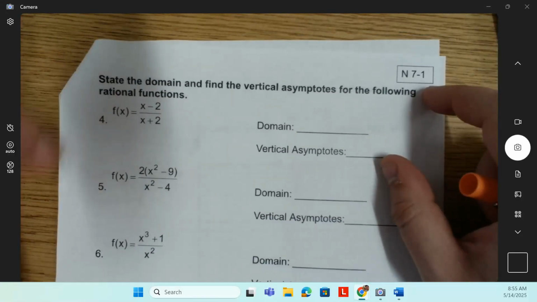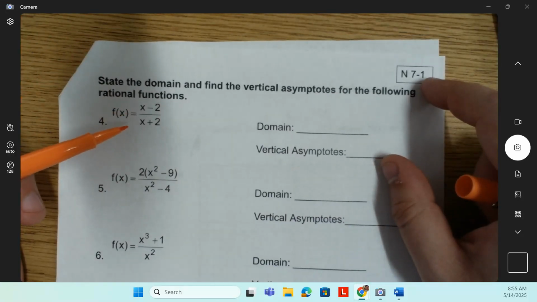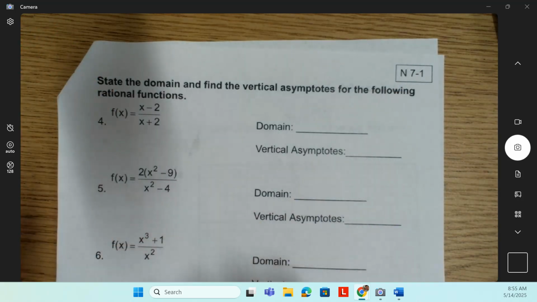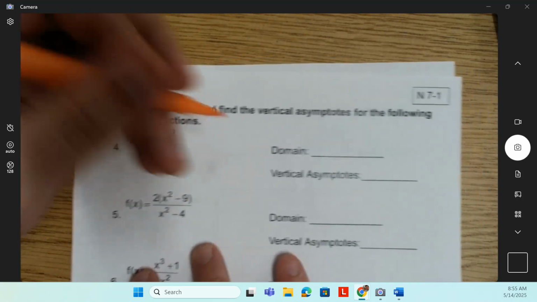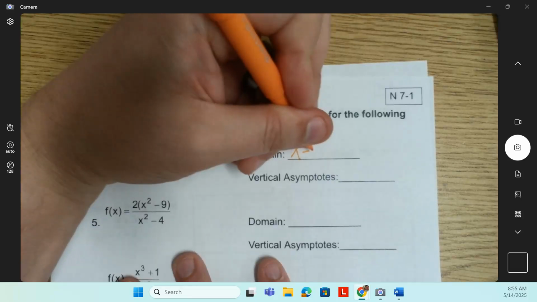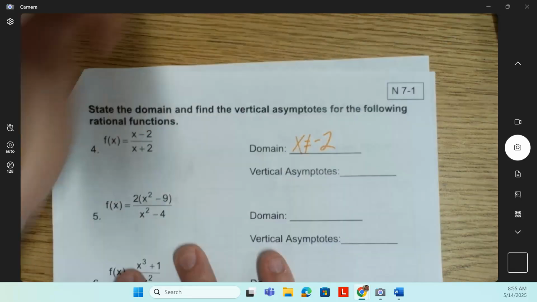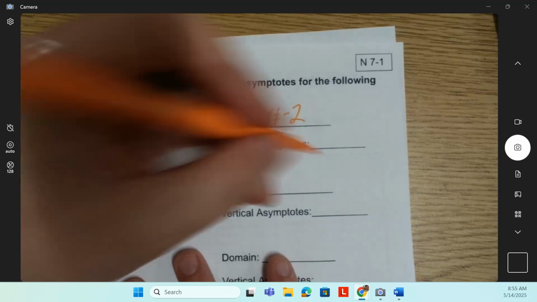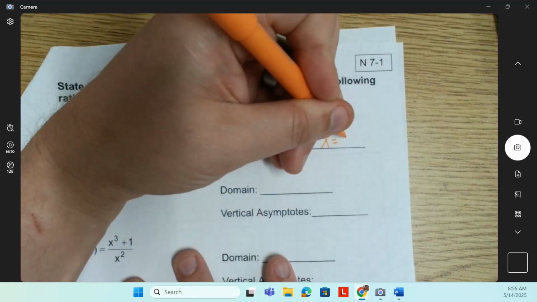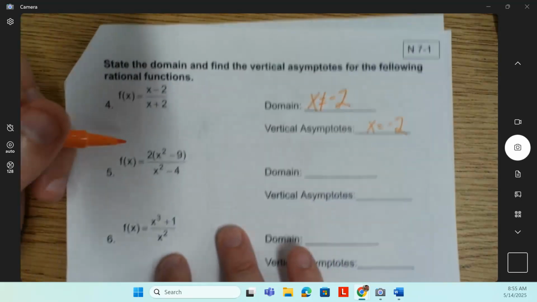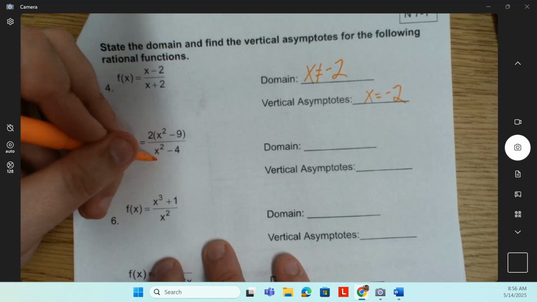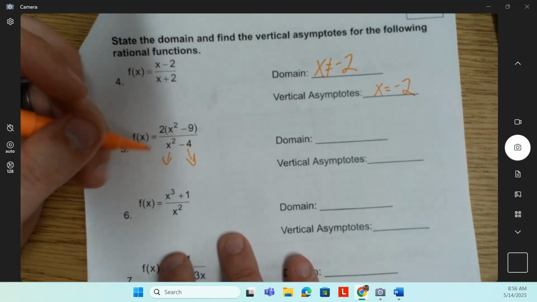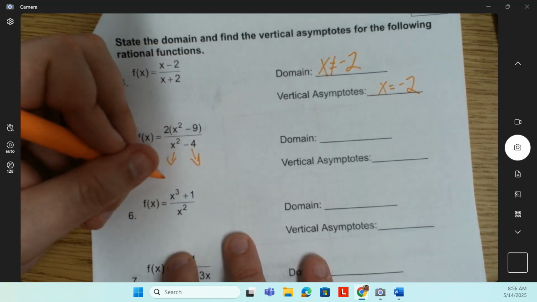Then we have here looking for the domain and the vertical asymptote. Again, all we're doing is saying, well, what makes that equal to 0? So for this one, same, x would not be equal to negative 2 because that would make it equal to 0. Vertical asymptote is x equals negative 2. And you have a couple here where we'd have to factor this out, this one would be difference of squares.